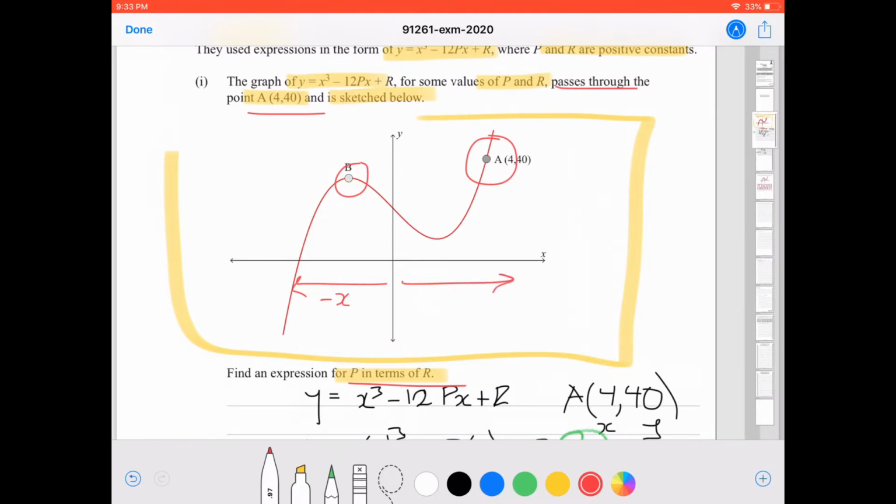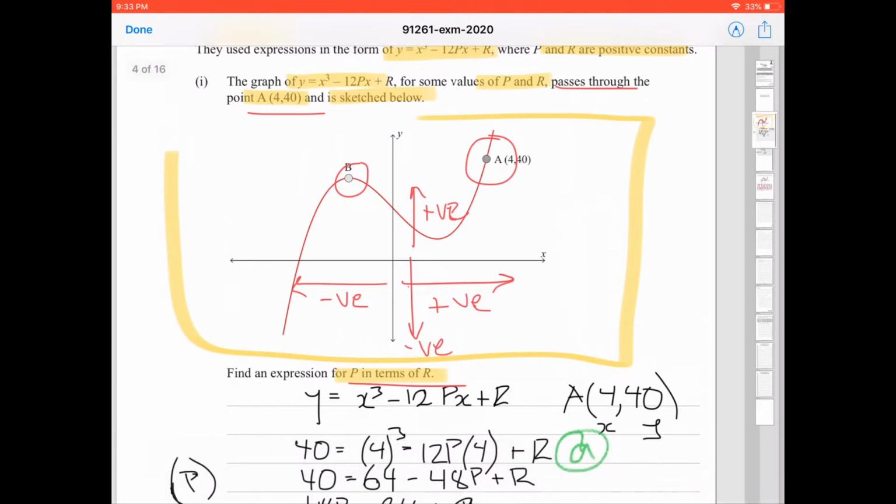All the values to the right are positive. So we've got, instead of minus x, we could say, negative and positive. Likewise, if we're looking at the y values, this is positive, and this is negative, okay?